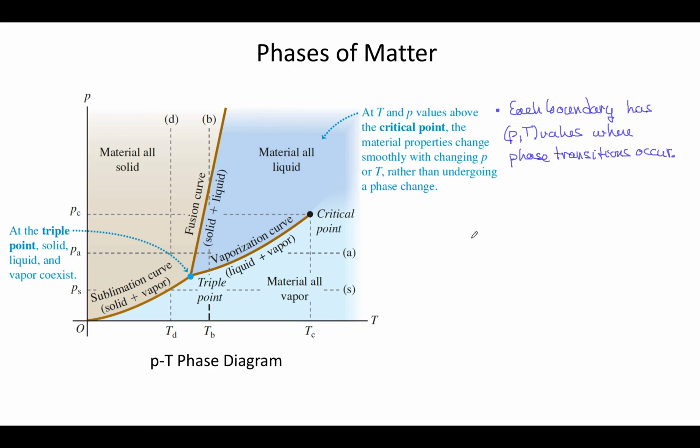And at that pressure and temperature value, you might either be melting your solid into a liquid, right? But usually in your process, your temperature stays constant until all of your material has changed, because phase coexistence is occurring at that point. Right, so it's the coexistence of two or more phases. We'll just say phases.